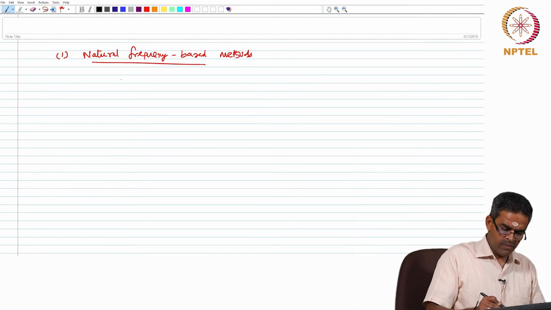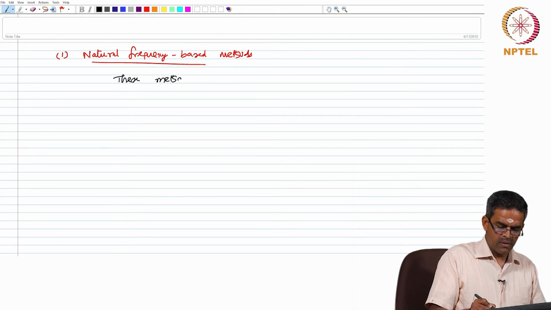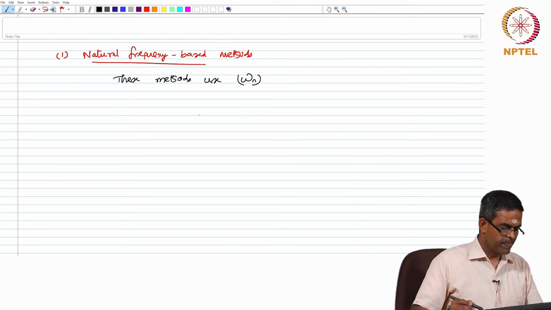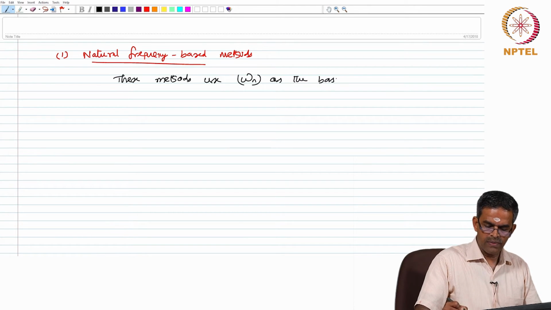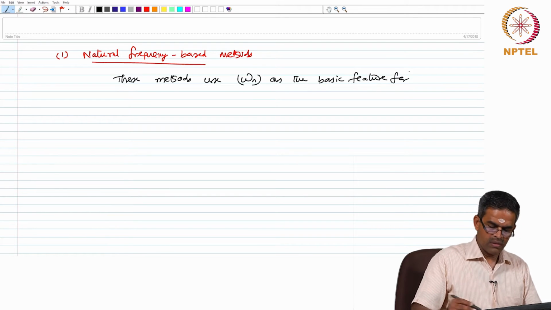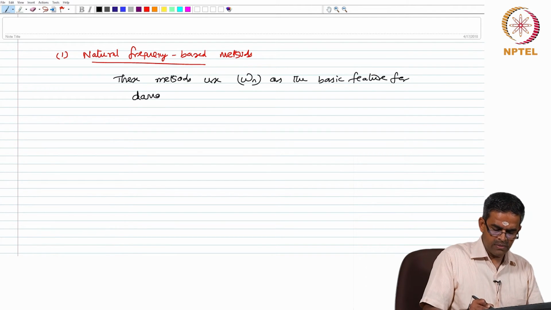In general, these methods use natural frequency as the basic feature for damage identification.